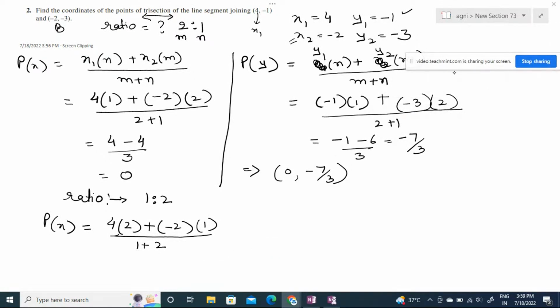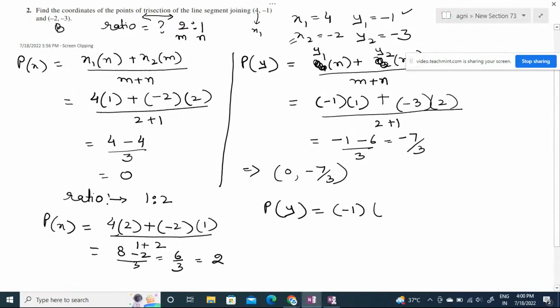So here we get 8 minus 2 over 3, that is 6 by 3, which is equal to 2. Now we have to find the ratio for the y, which is equal to y1, that is minus 1, and n, that is 2, plus y2, that is minus 3, into 1.